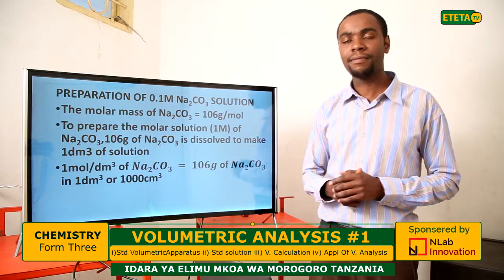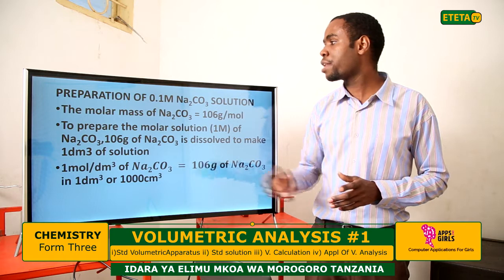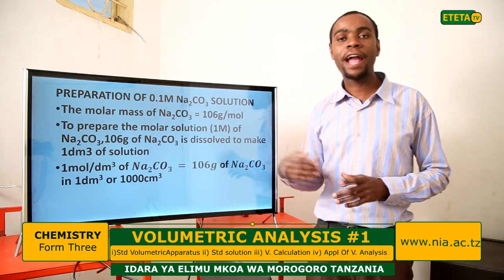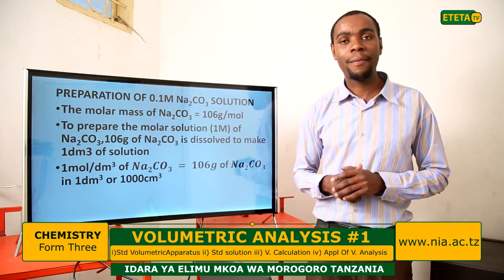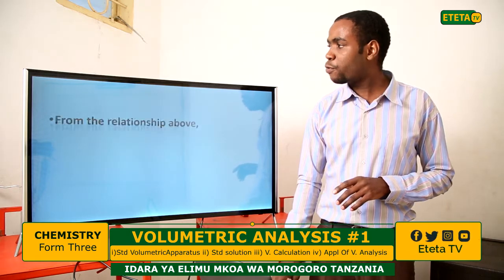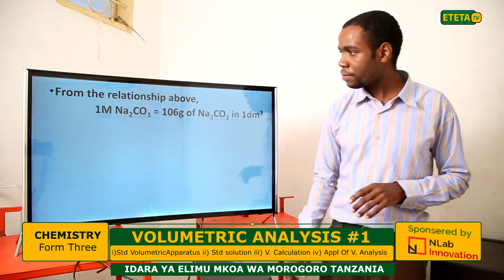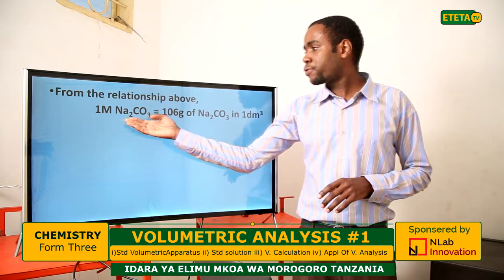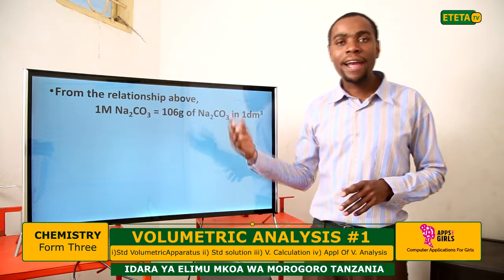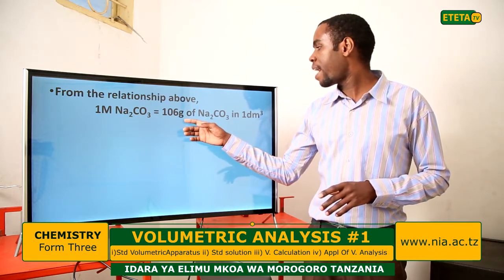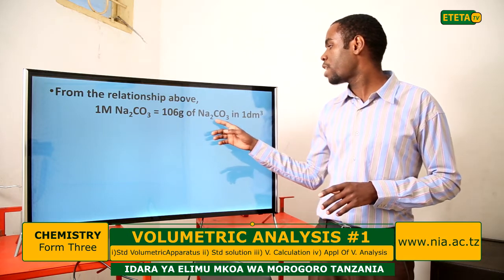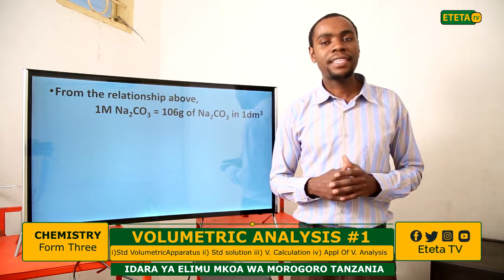Point to remember, we need to prepare 0.1 molarity of sodium carbonate. Now, from the relationship above, 1 molarity of sodium carbonate is equal to 160 grams of sodium carbonate in 1 decimeter cube.